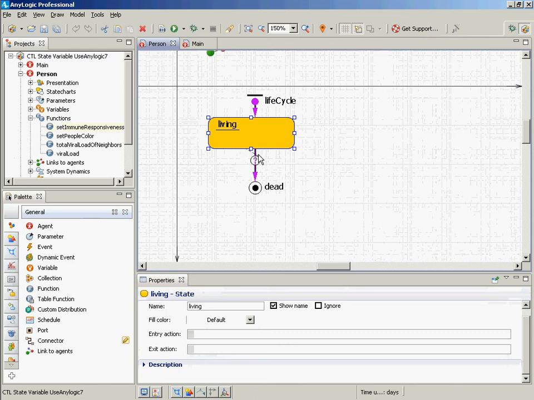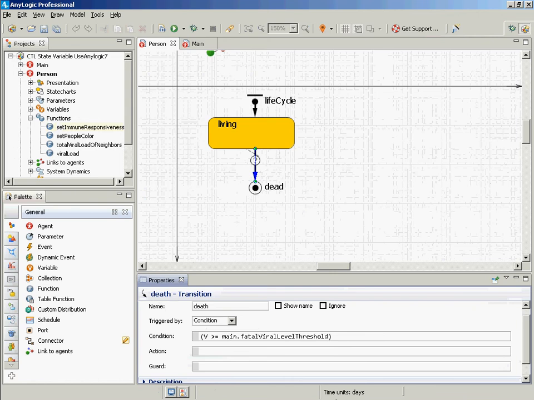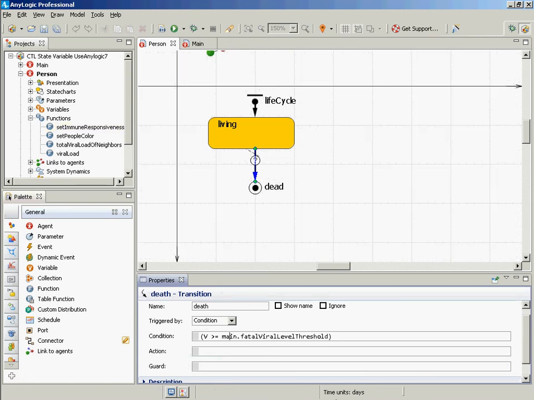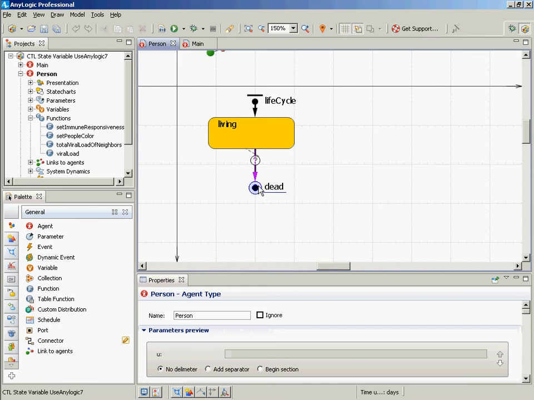Basically what it says is if the free virus level within this individual is greater than a threshold, then this person will die, and at time of death, they'll be removed from the population. Okay? So we've seen that basic mechanism before, removal from a population, and this will check if that indeed happens.